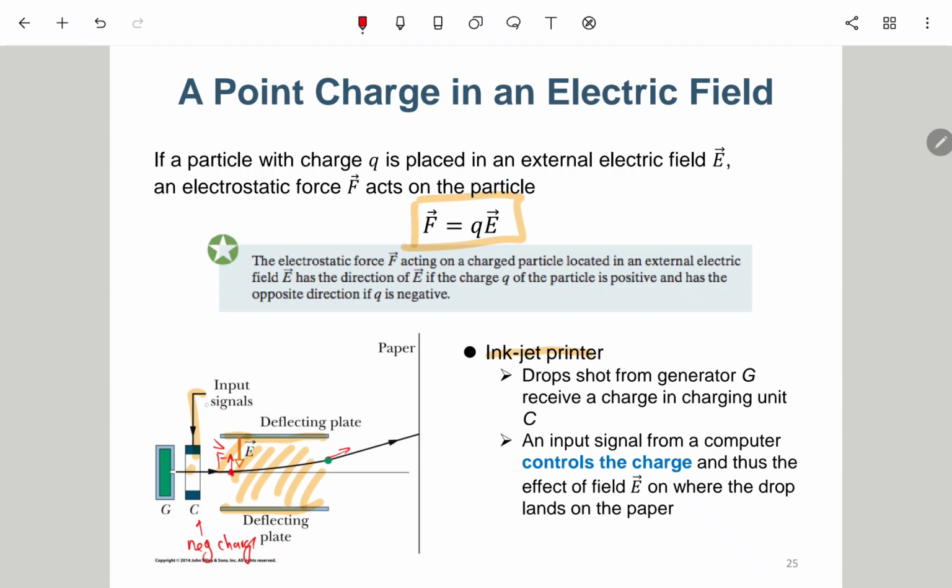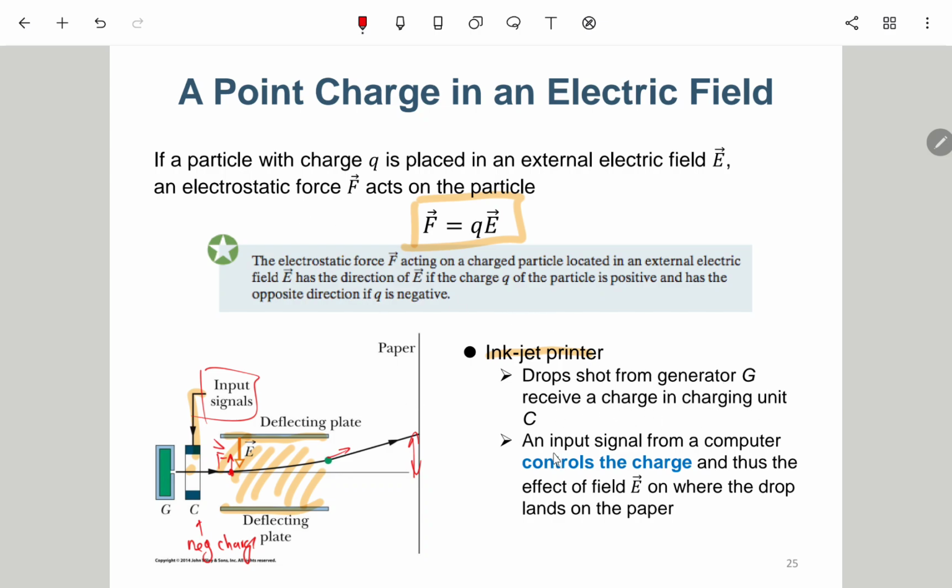As long as you control the charge amount at the beginning, you can control the displacement of this ink. Through the charge amount you control how much the ink deflects, and then it lands on the paper, so different positions can print different colors of ink.